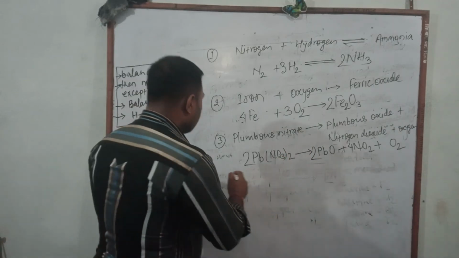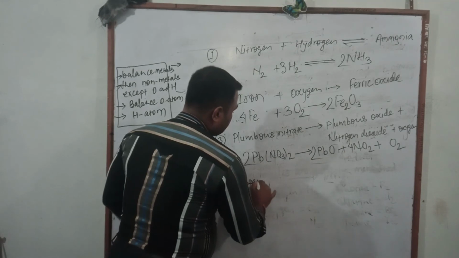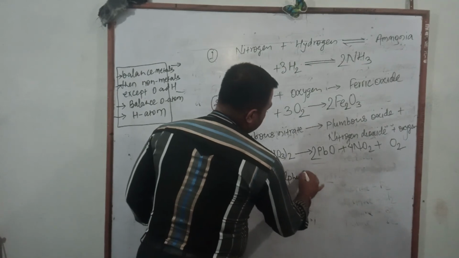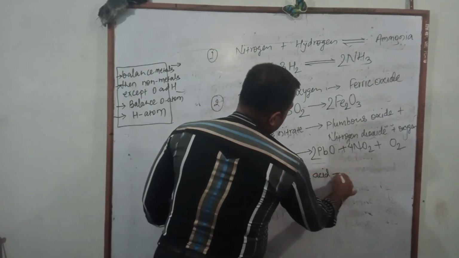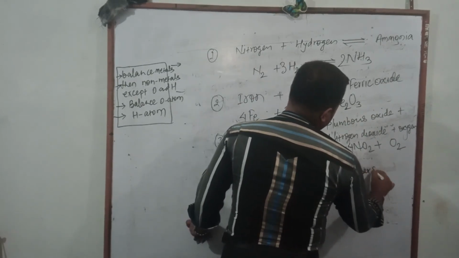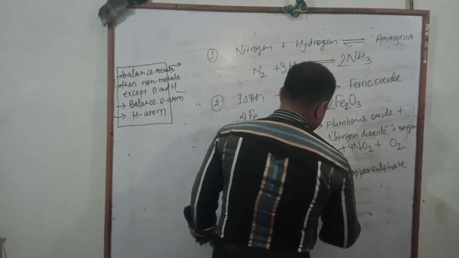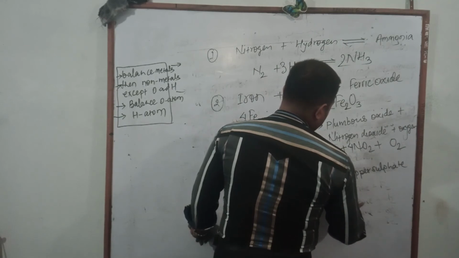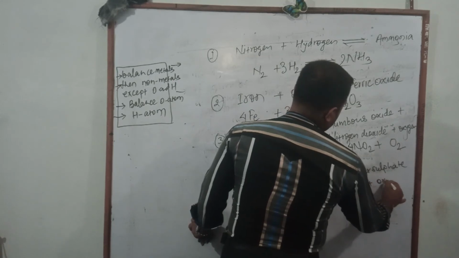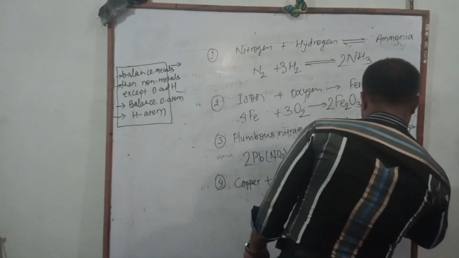In the same way we can balance several other reactions, like copper plus sulfuric acid gives copper sulfate plus sulfur dioxide plus water.